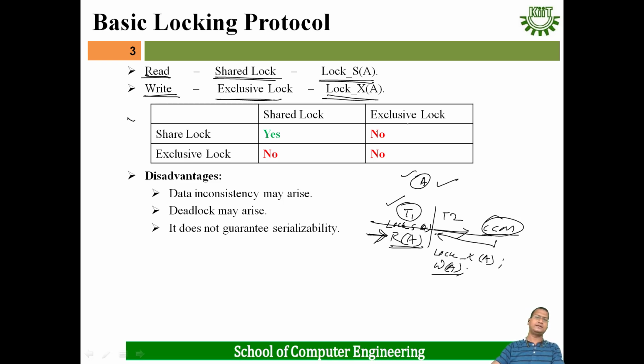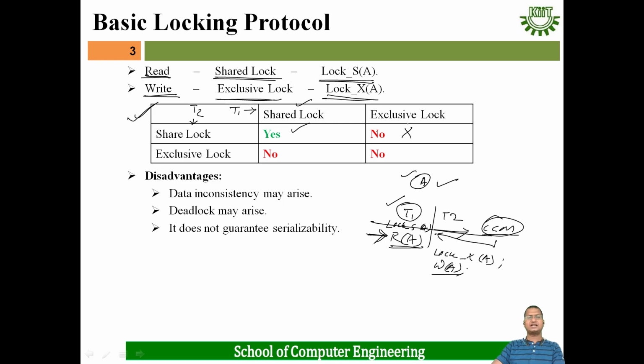And this is the summary. Suppose transaction T1 has applied a shared lock. Then if transaction T2 wants to apply a shared lock, it is allowed. Suppose T1 has already applied an exclusive lock or write lock. Then if T2 wants to apply a shared lock on the same data item, it is not allowed.